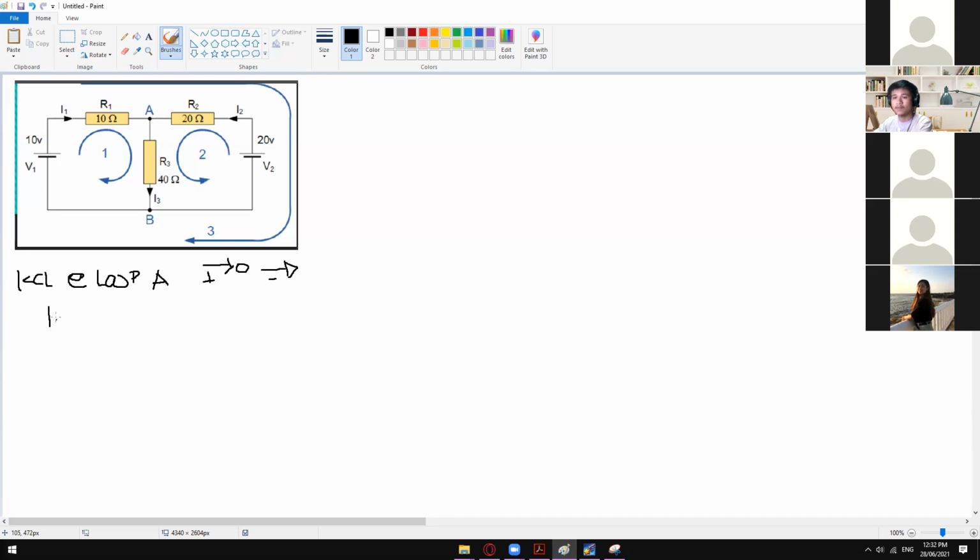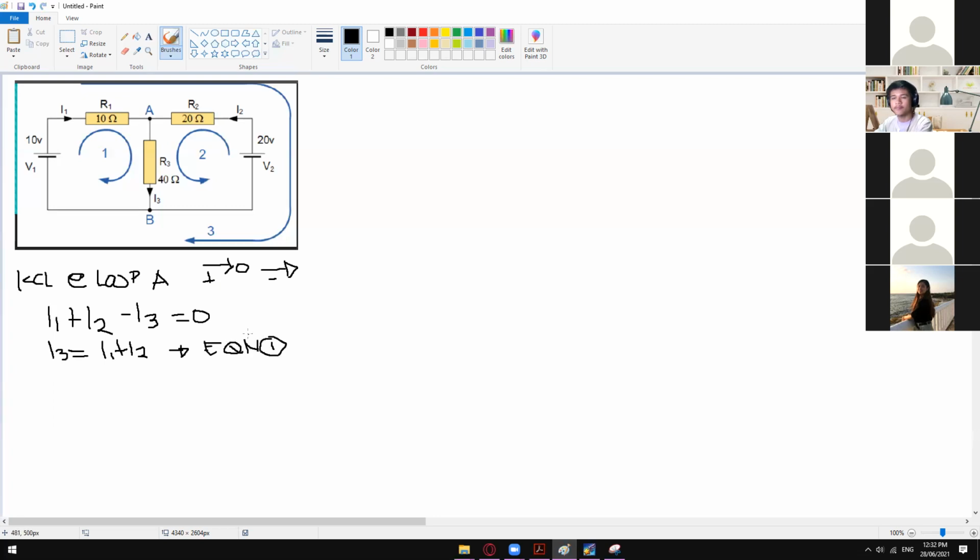That's why I1 is positive and I2 is also positive. But this one is leaving node A, so that's the reason we put a negative I3. Then just equate everything to 0. From here, you can transpose this on the other side, which gives you this equation: I3 is equal to I1 plus I2. So this is now our equation.